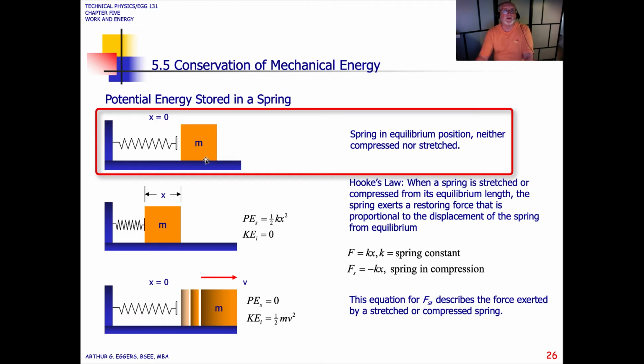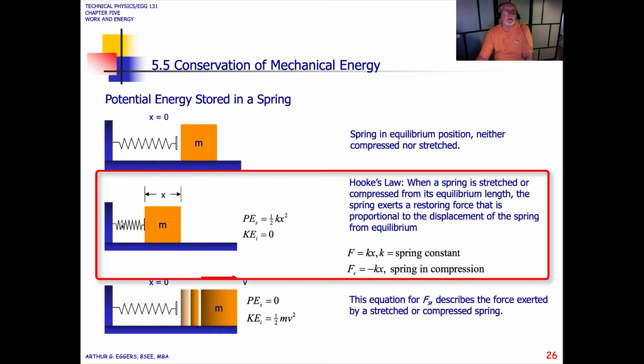Okay, as we start to move the box back and compress the spring, you can see we've moved it through some distance. So this is starting to give us some hints that we might have some relationships here that follow along with work. Okay, so we move it some distance x, and the spring starts to compress.